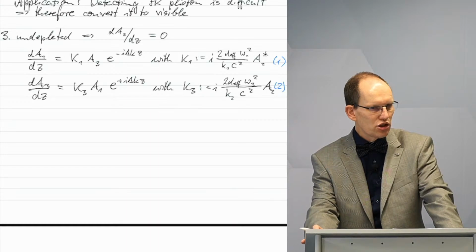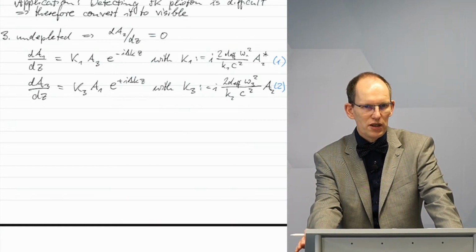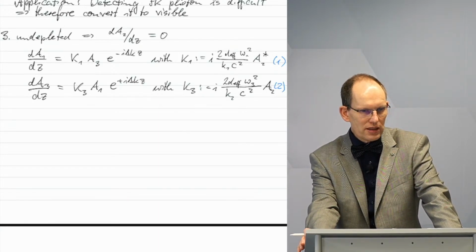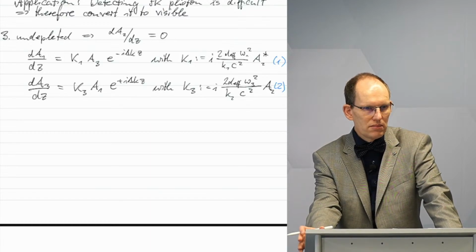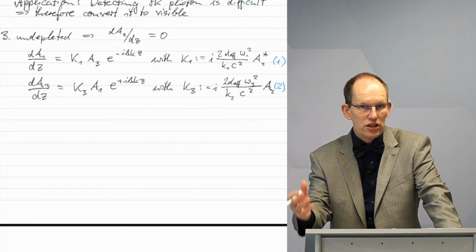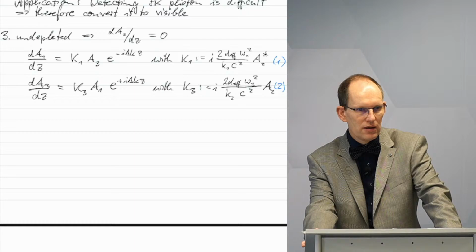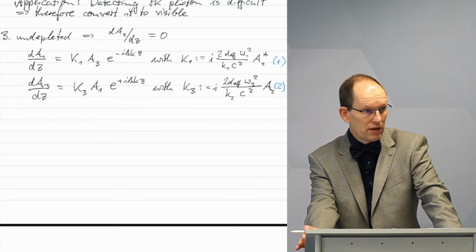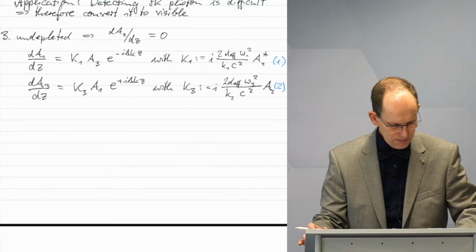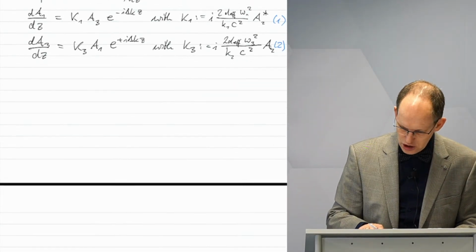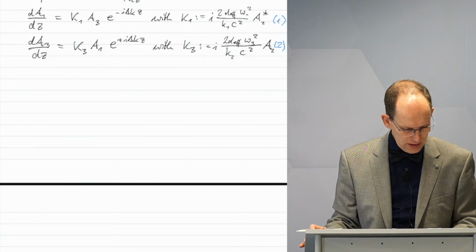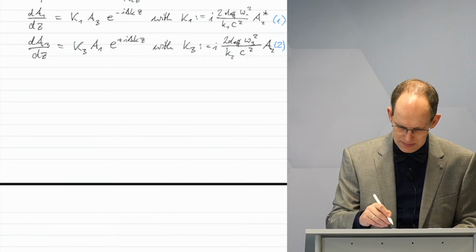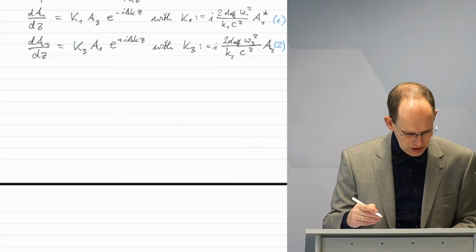Actually, this special case is not so special, because what you would try to do probably is arrange things such that you have good phase matching, if not perfect phase matching. And we'll see towards the end of this lecture that having good phase matching is a good idea.